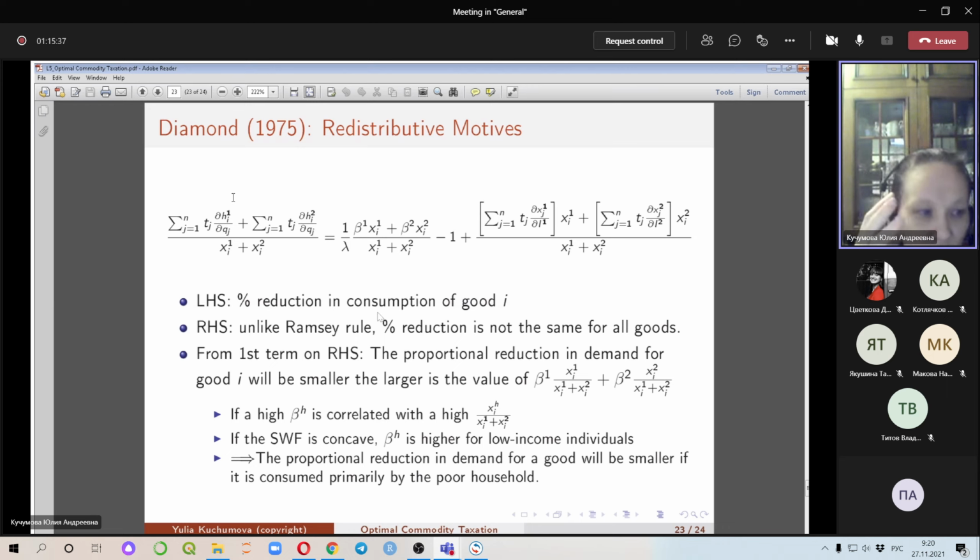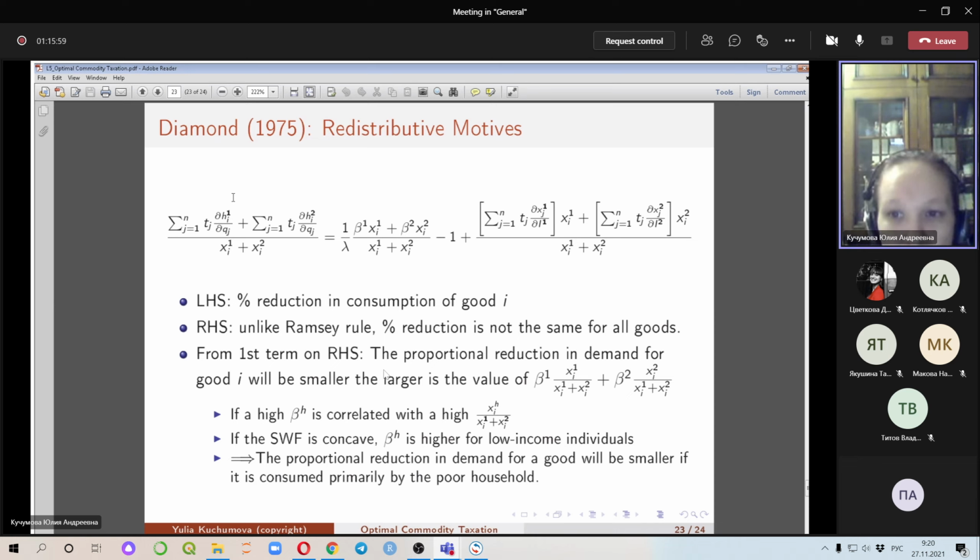If they indeed consume a lot of potato, we shouldn't tax potato much, and this is exactly what we are getting from this formula. We're just trying to see how that shows up from this formula.